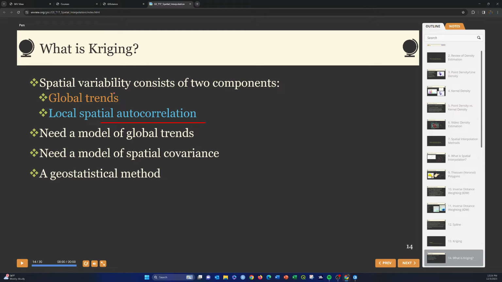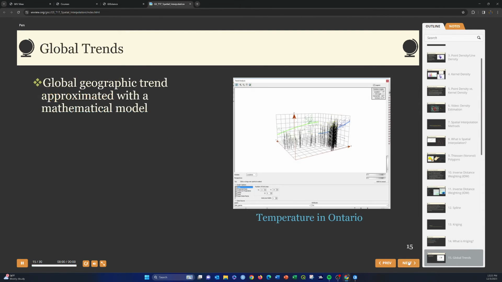So it has a simple global model, like fitting a polynomial to a distribution, and then hopefully an improvement of that model by considering local spatial autocorrelation. So you've got your global trends and your more local autocorrelation trends.